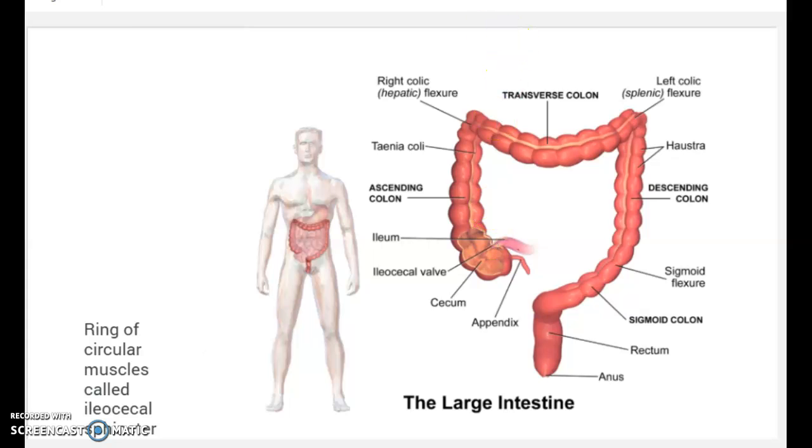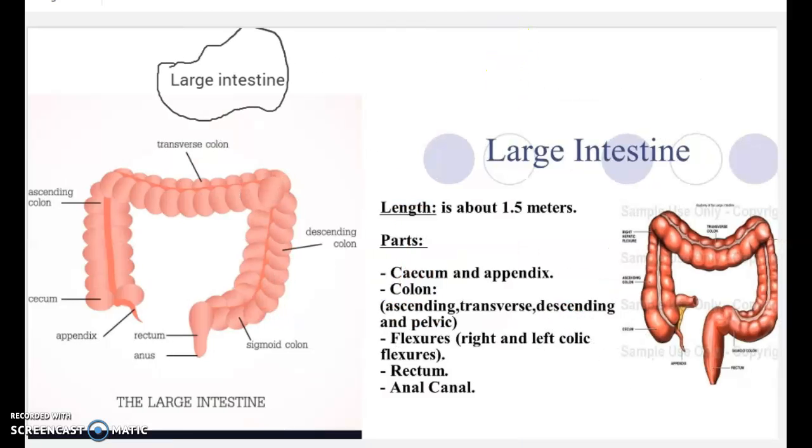Now we are going to see the overall structure of the large intestine. See, this is the overall structure of the large intestine. The first part of the large intestine is known as the cecum.